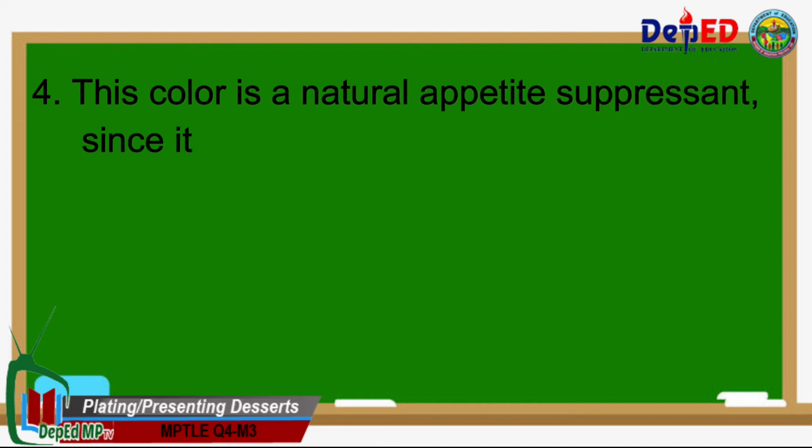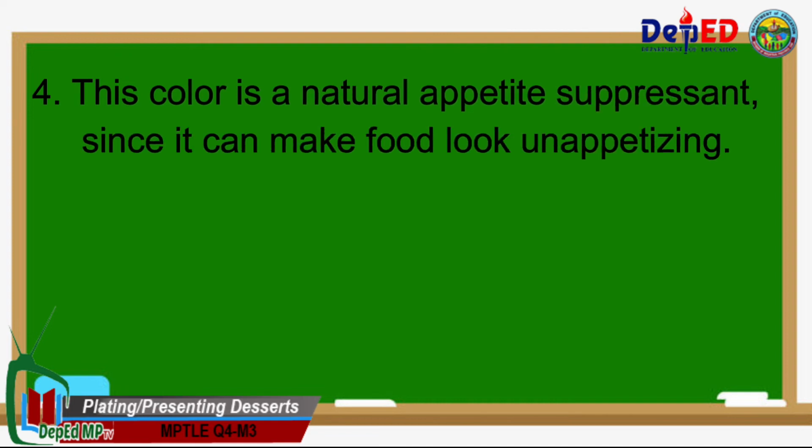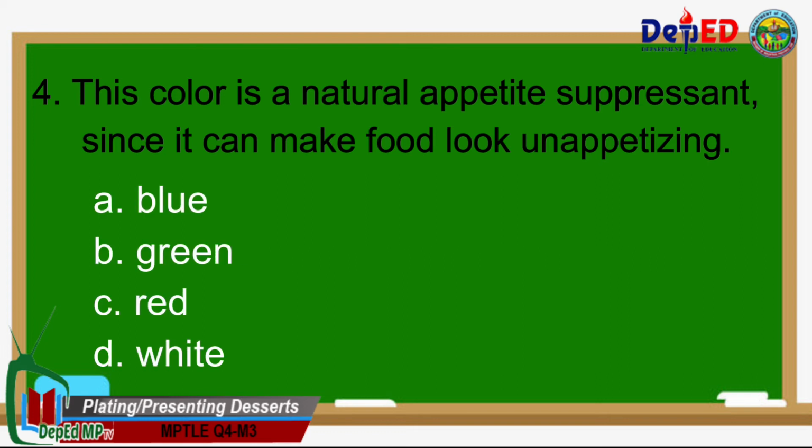This color is a natural appetite suppressant. It can make food look unappetizing. Letter A, blue. Letter B, green. Letter C, red. Letter D, white. The correct answer is letter A.